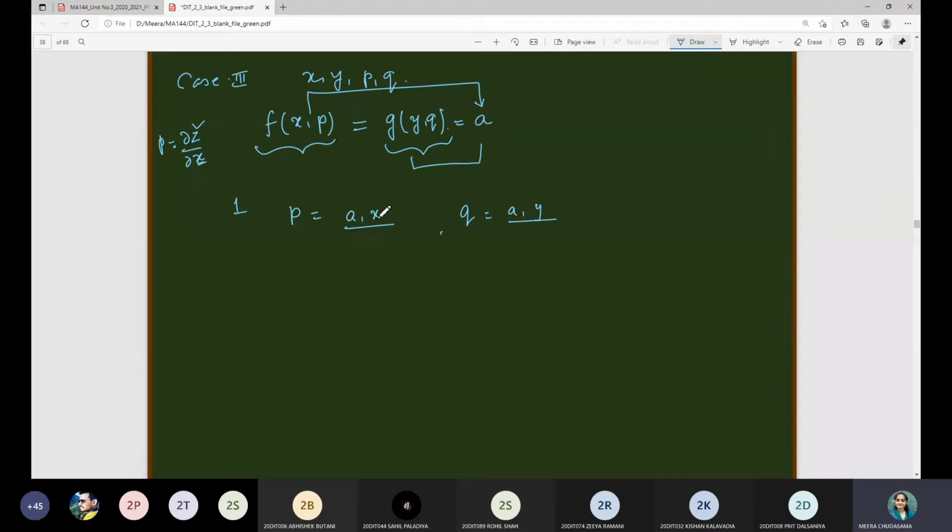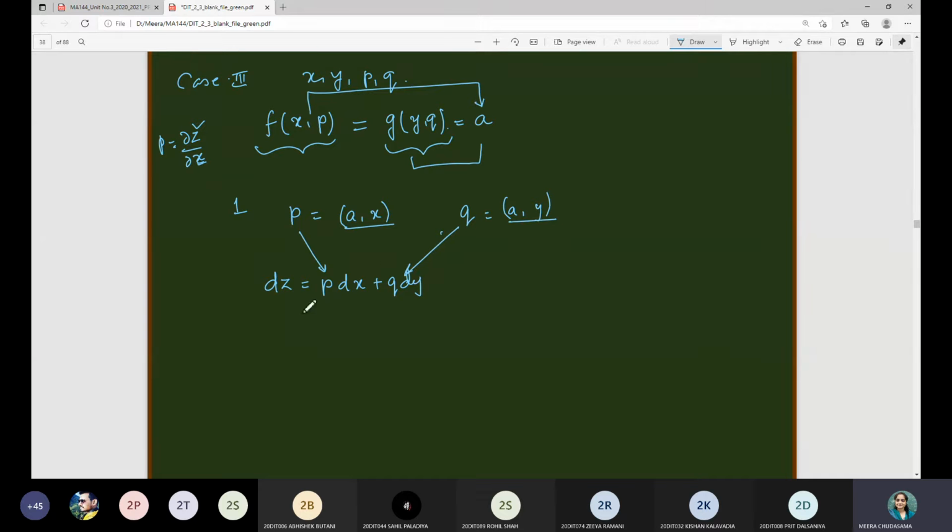Here you will get a function in terms of a and x, and there a function in terms of a and y. After that, you have to consider the first order equation, that is dz is equal to p dx plus q dy, in which you have to substitute the values of p and q.